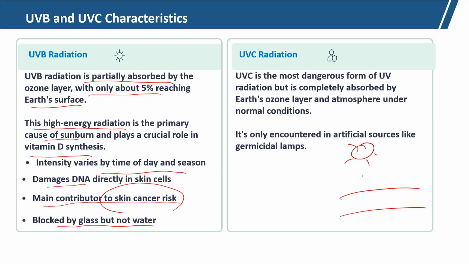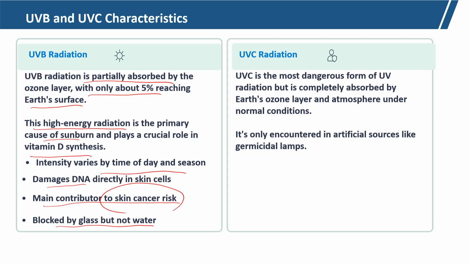It is completely absorbed by the ozone layer, and here it is 0, which is a basic good thing. It is very dangerous, but it is not reaching our human body.